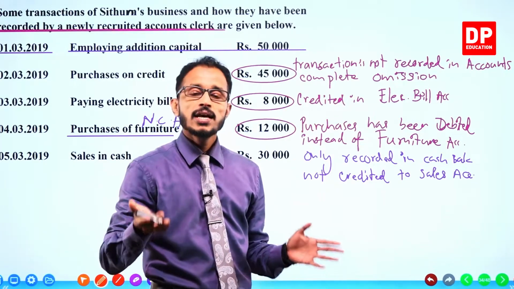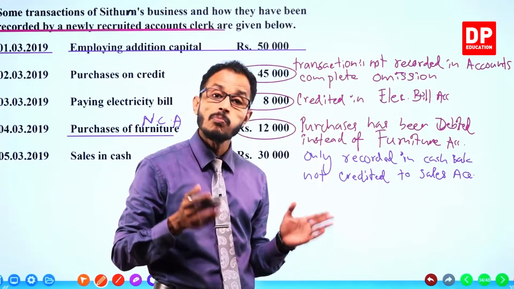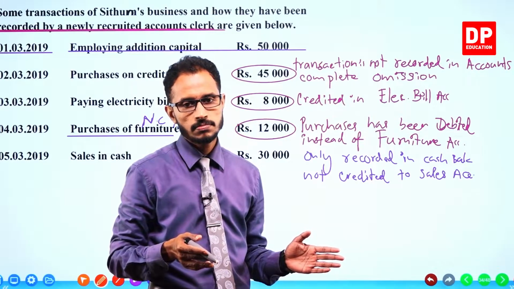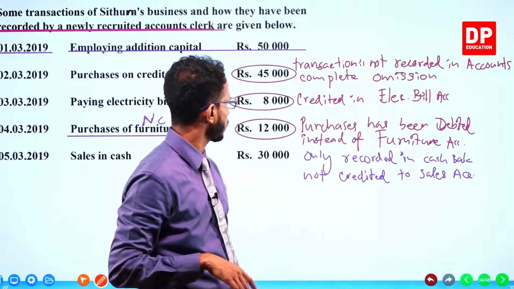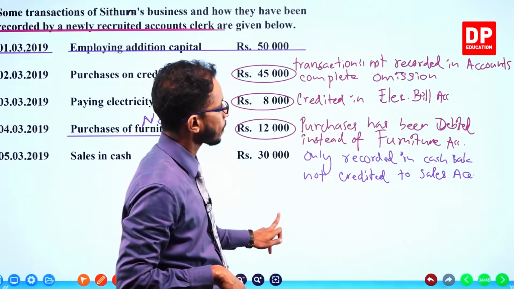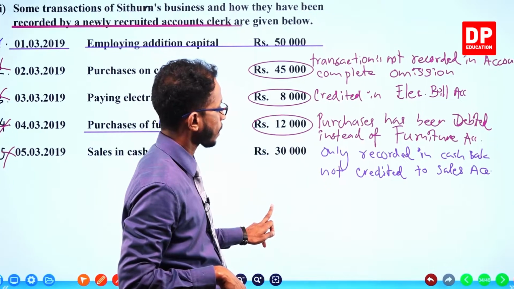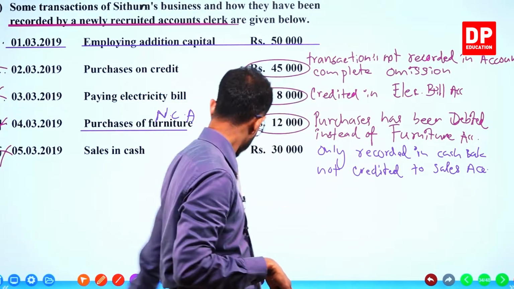Or else you can write transaction is credited in both accounts. That is how you write. Next one.